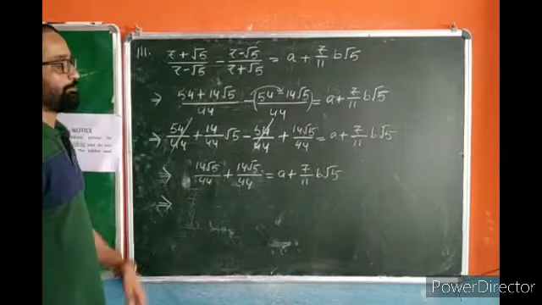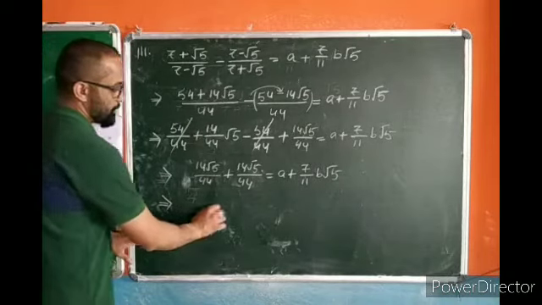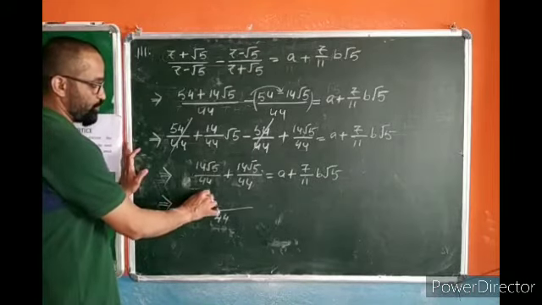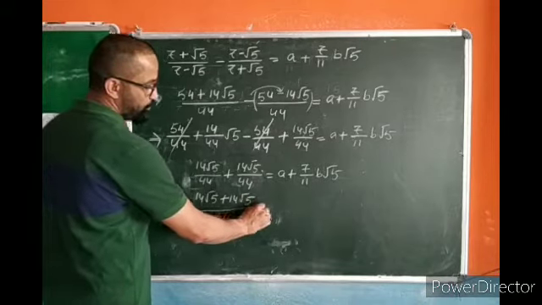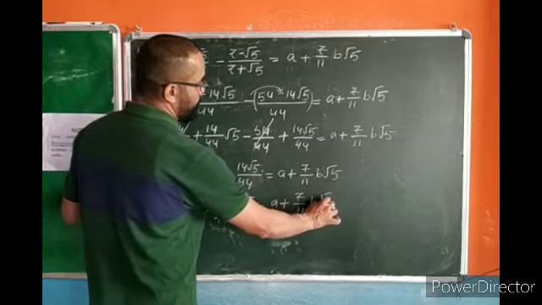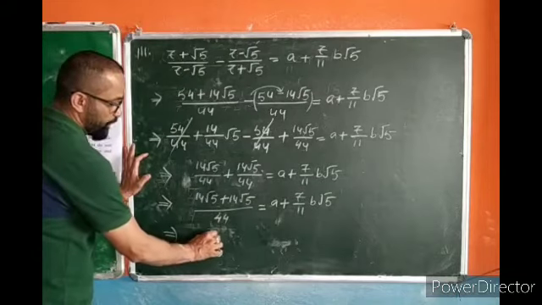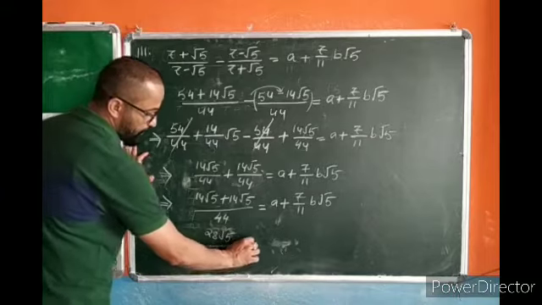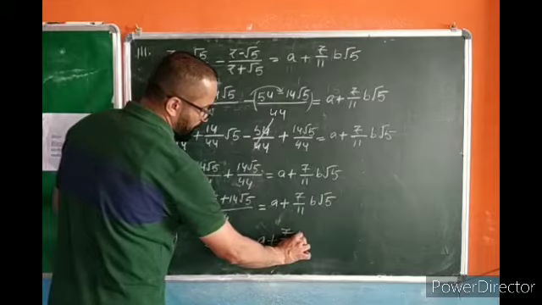Now take the LCM. LCM is 44. So we get 14 root 5 plus 14 root 5 equal to a plus 7 divided by 11 b root 5. Addition, now you get 28 root 5 divided by 44 equal to a plus 7 by 11 b root 5.